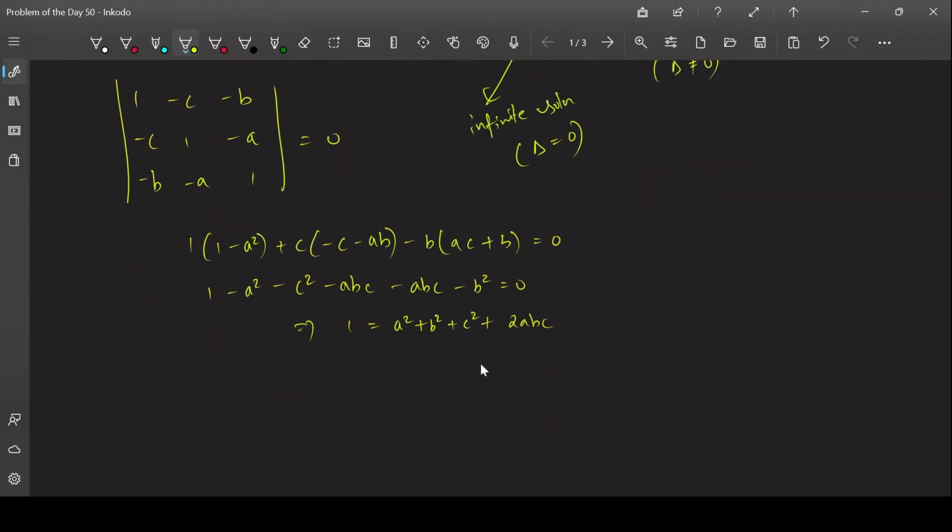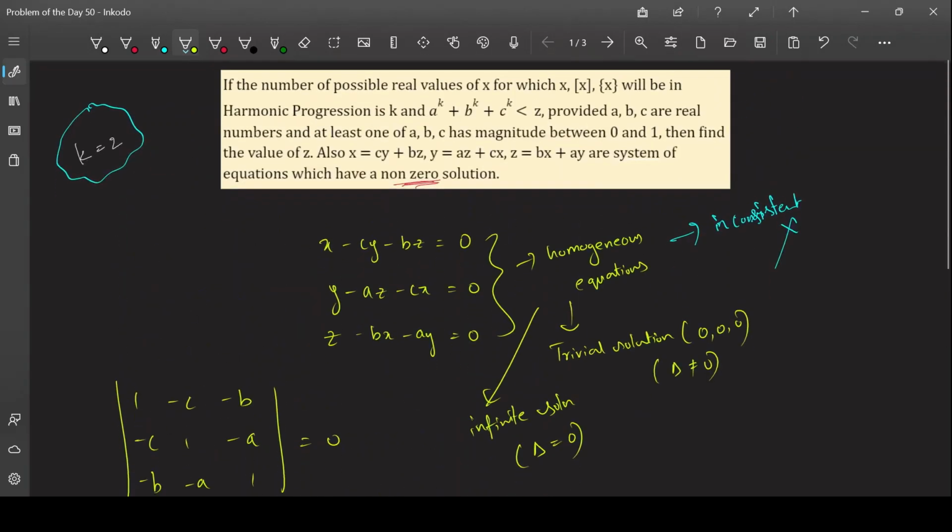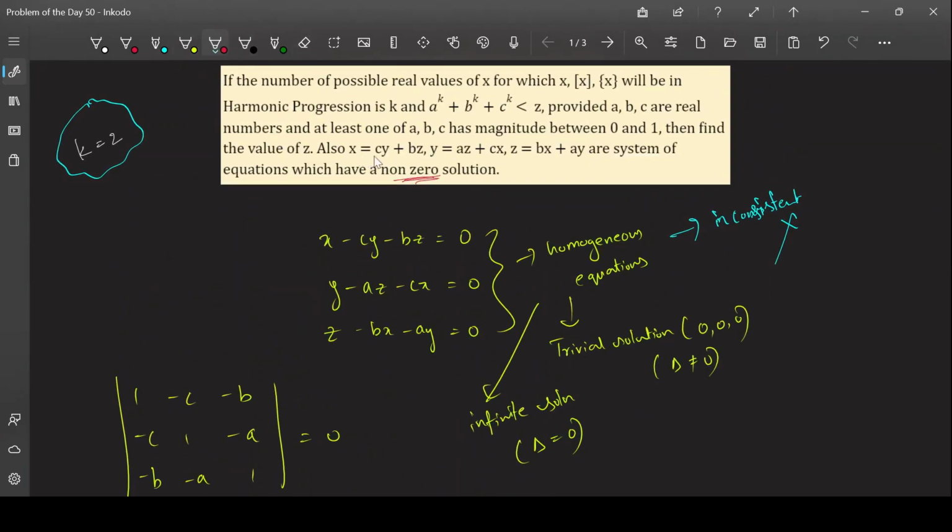Now, what conclusion can we derive? They have asked us to find the maximum value of a square plus b square plus c square, and there is one more important part, that at least one of a, b, c has magnitude between 0 and 1. So one of the magnitudes of a, b, c is confined between 0 and 1.